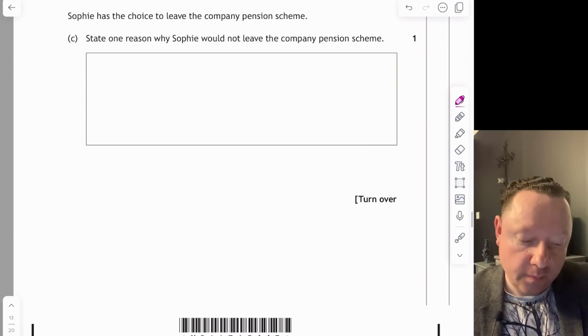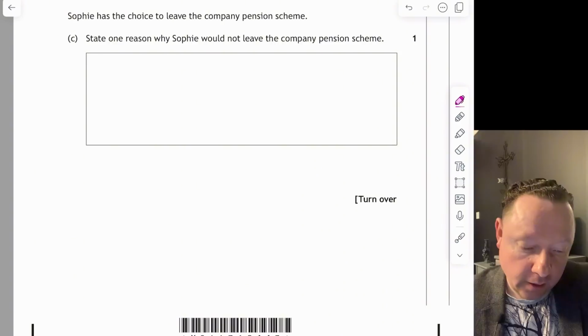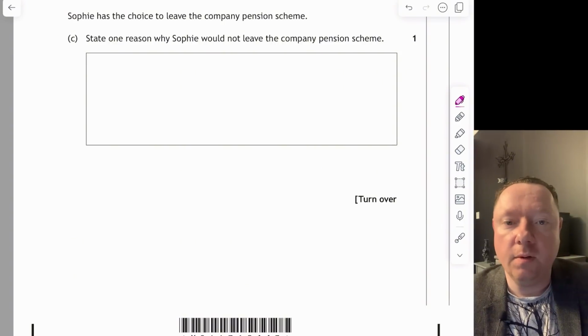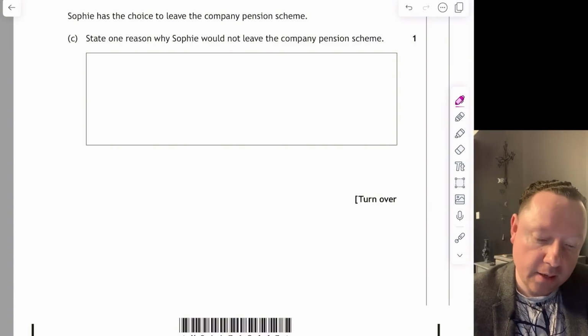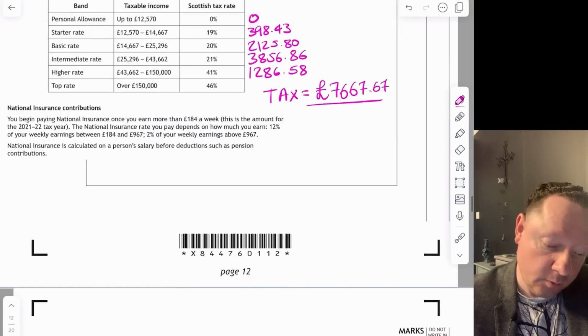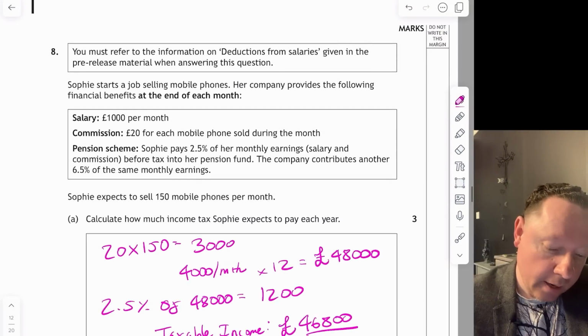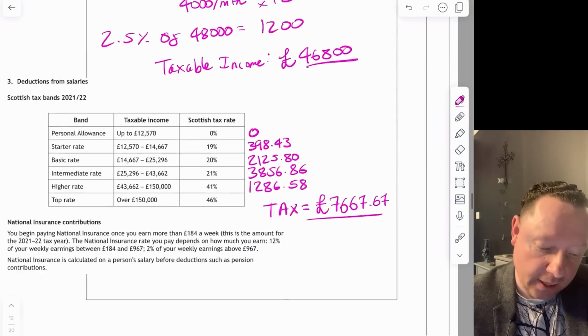Sophie has a choice to leave the company pension scheme. State a reason why she would not leave the pension scheme. Well, she might not leave because she wants to save for retirement. It's important to save money for retirement. Or the main one, just due to the actual question, is that the company pay in 6.5%.